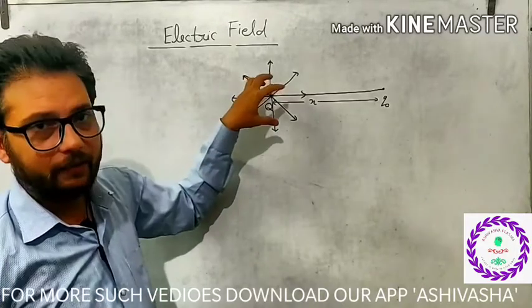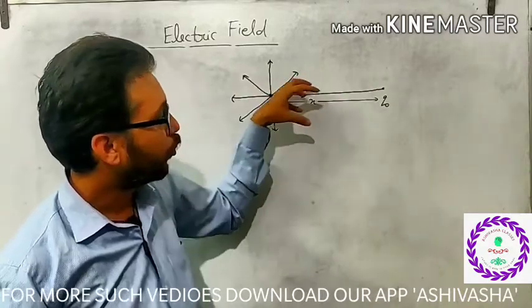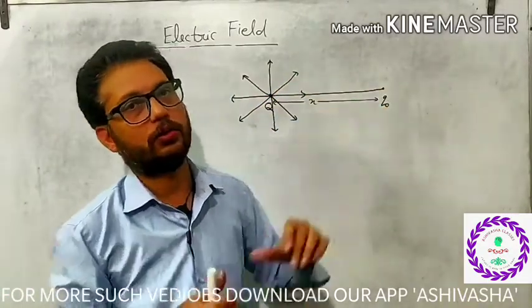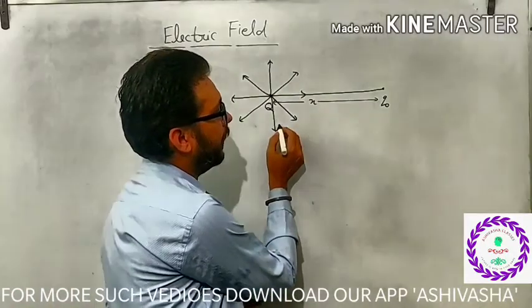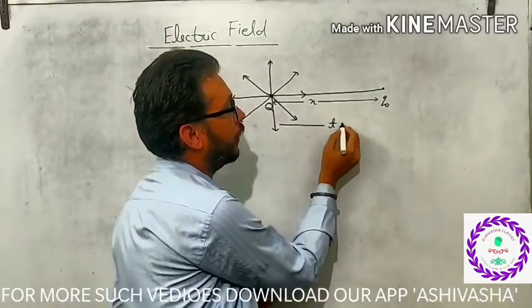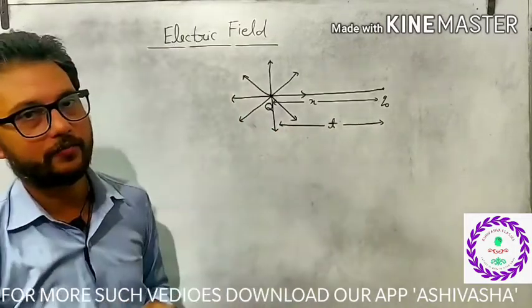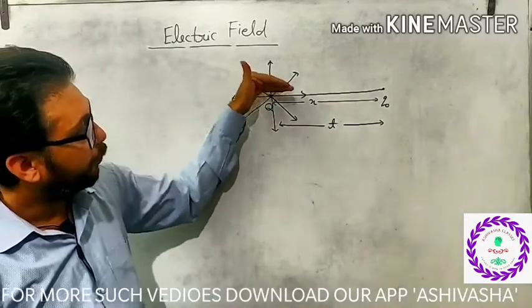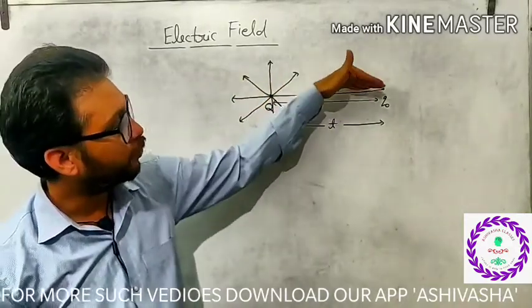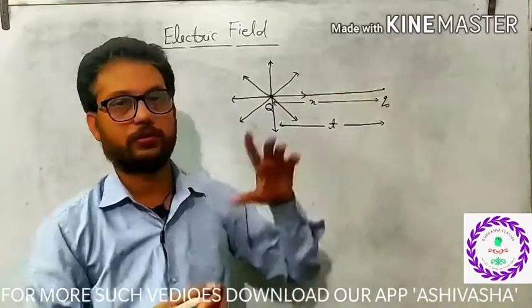So this electric field propagates and takes a certain time to reach the charge Q naught. Let's suppose the time taken by this electric field to reach the charge Q naught is small t. Small t is that time in which this electric field propagates and moves to the charge Q naught and then applies force.